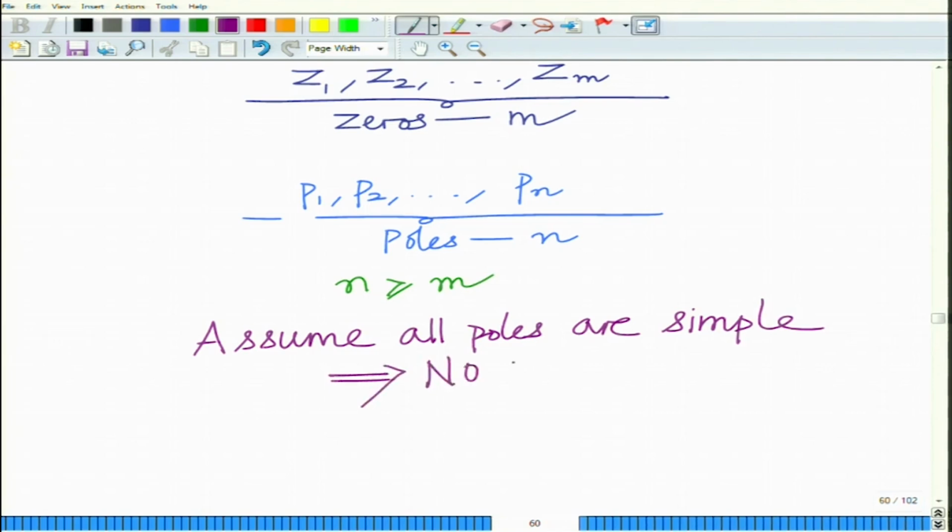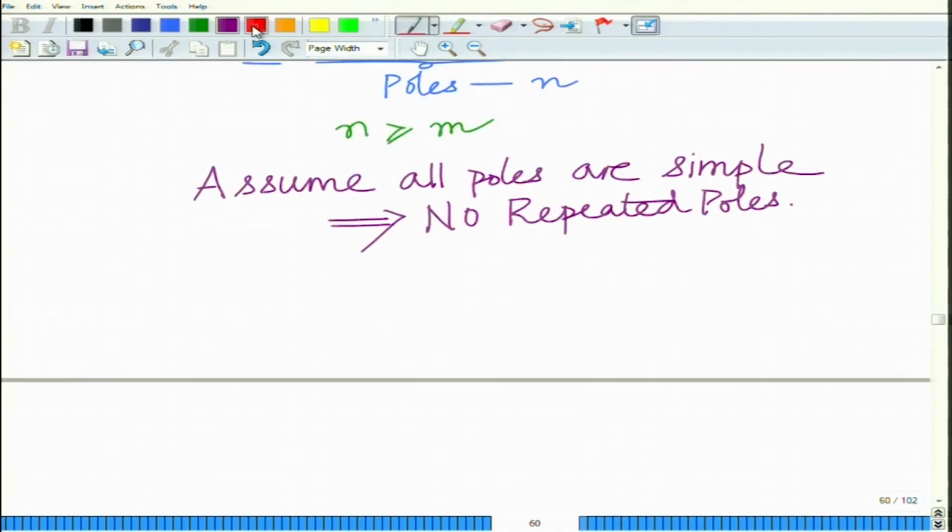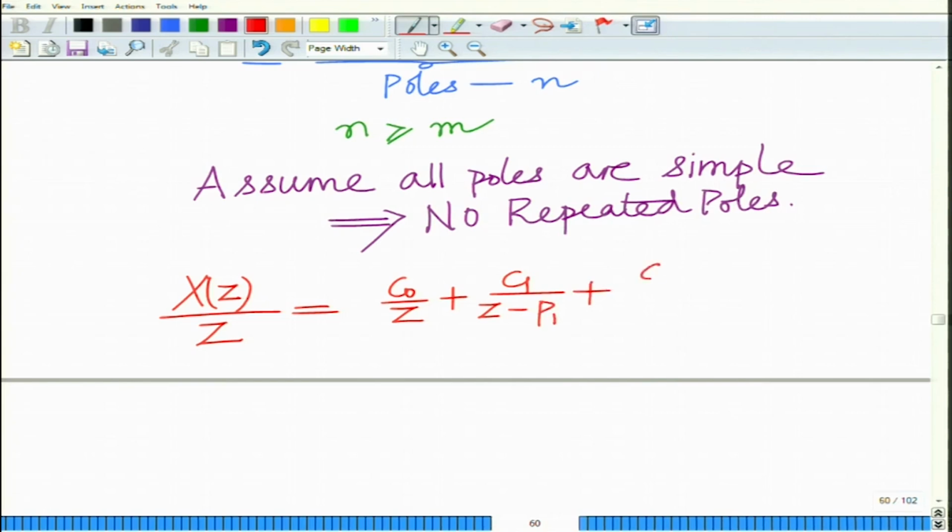In which case I can express the partial fraction expansion of X(z) over z as C0 over z plus C1 over (z minus p1) plus C2 over (z minus p2) plus so on, up to Cn over (z minus pn).